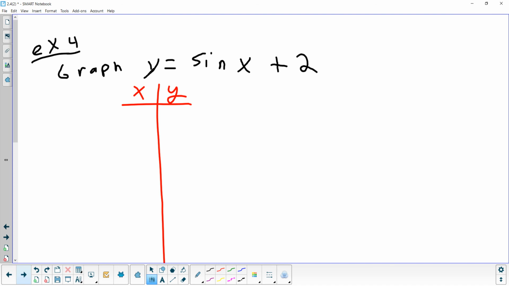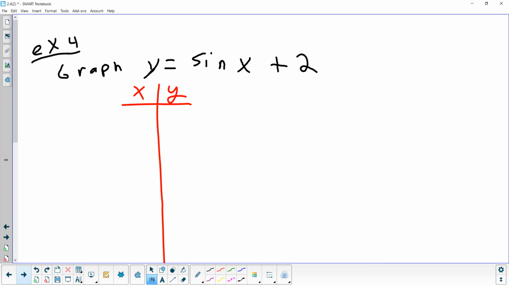Now we know 3 different kinds of transformations. We know the phase shift, we know the amplitude change, and we know the vertical shift. Which one is this? And I want to know why. Yeah, Don? Vertical shift because it is addition and it's on the outside. Yep, it's addition and it's outside of parentheses.